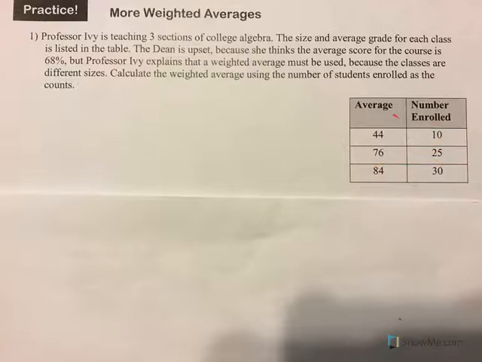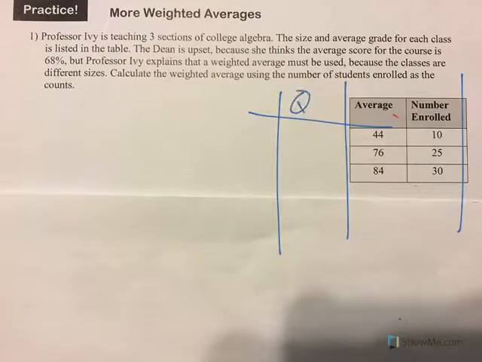Okay, so let's think about this. I really would like to have another column over here, so I'm going to call this column total points. Because if there were 10 people enrolled and they averaged a 44, then if I multiply that, they scored a total of 440 points.